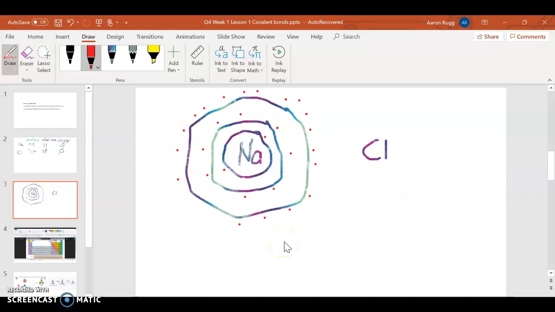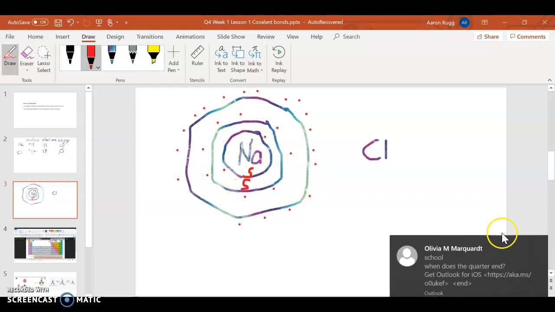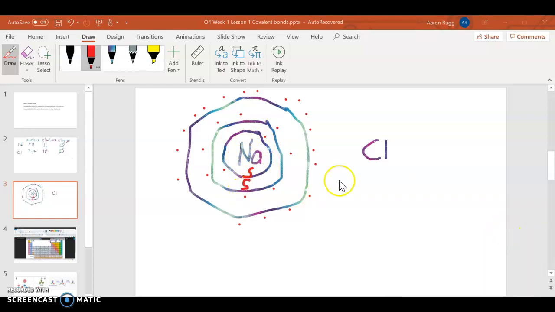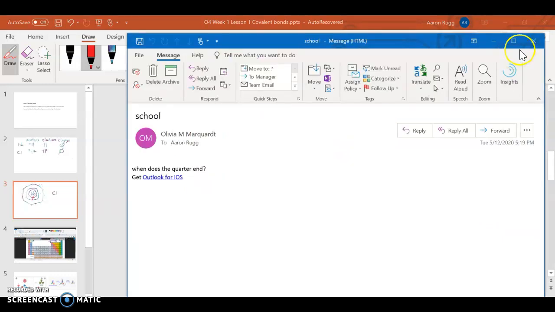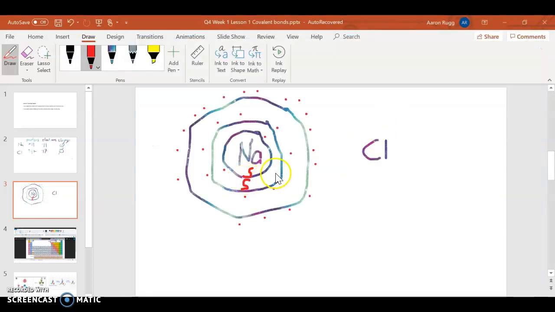As we go out, each ring, each energy level, we give a letter called an orbital. The first ring has one orbital, that's S. The second one has S, and then it adds P. S holds 2, P holds 6.